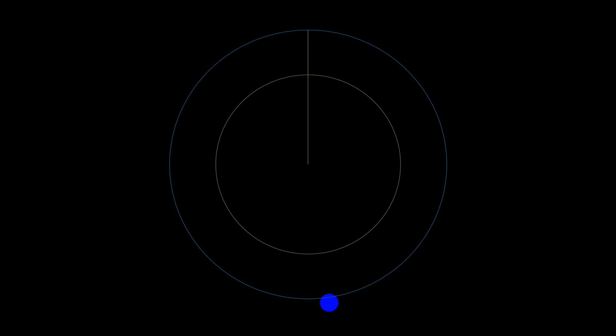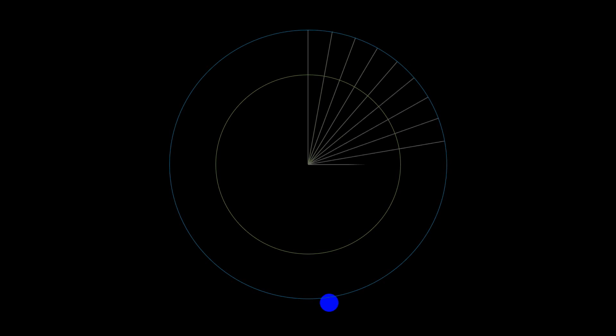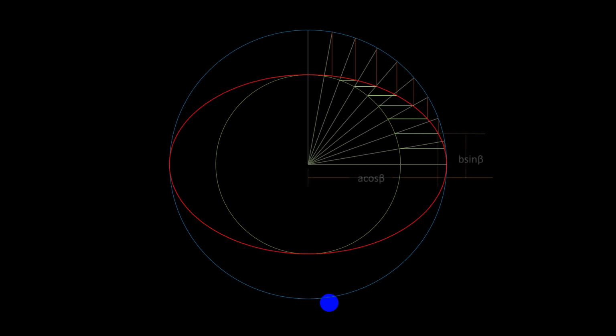Second, graphical construction. So you can see here the radial line. The red line is the equatorial plane.